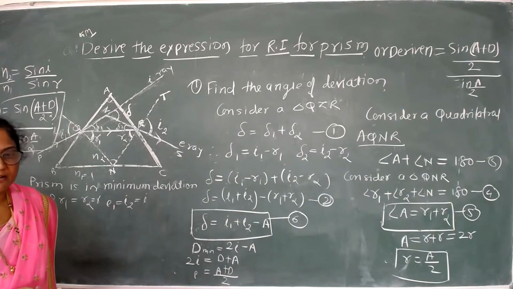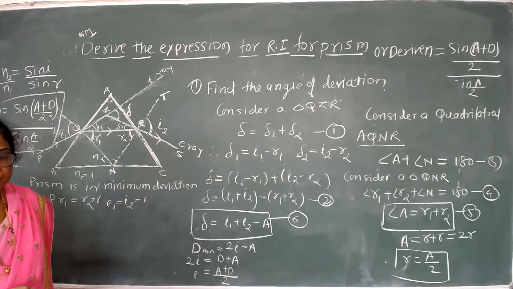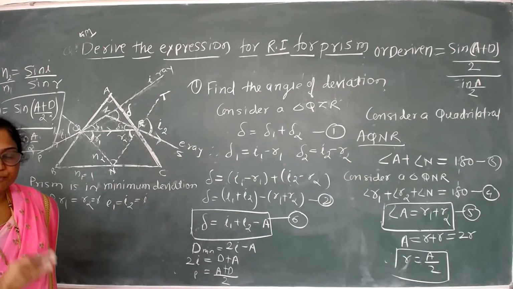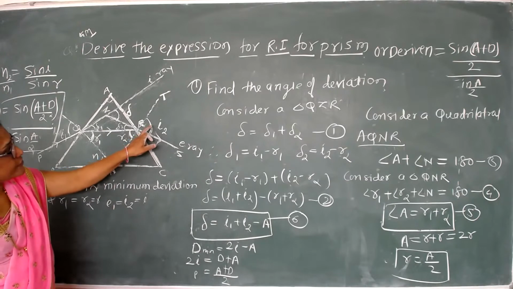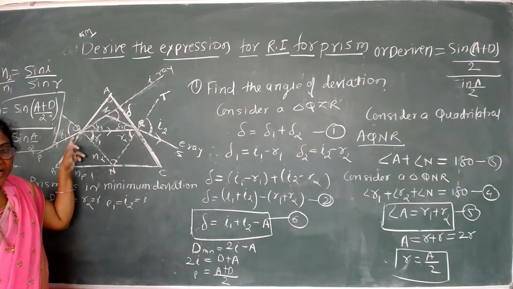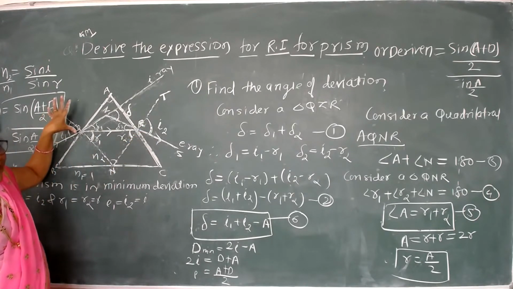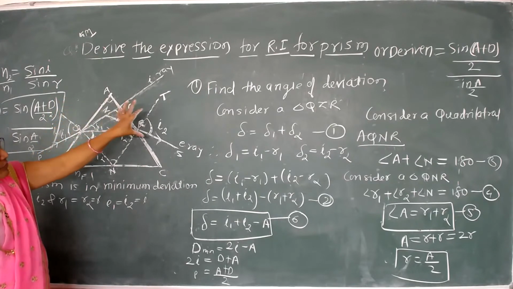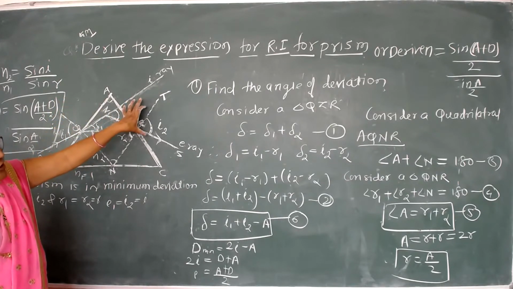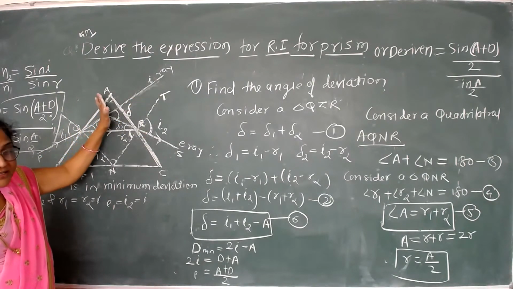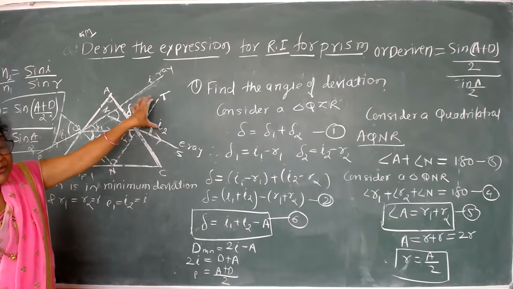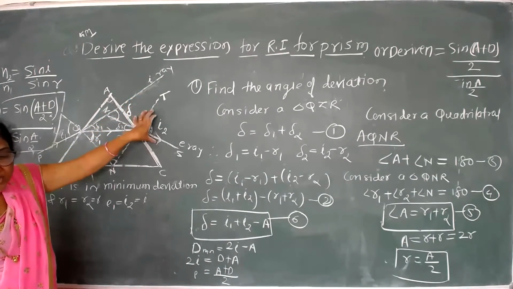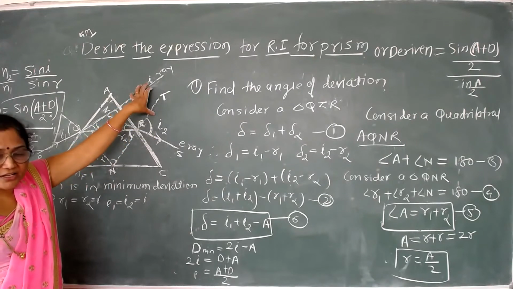When the incident angle and emergent angle are the same, that position is known as the prism set in minimum deviation, because the angle of emergence totally depends upon the angle of incidence. When the incident angle goes on increasing, initially the angle of emergence decreases, but then when we increase the incident angle again, the angle of emergence increases again.